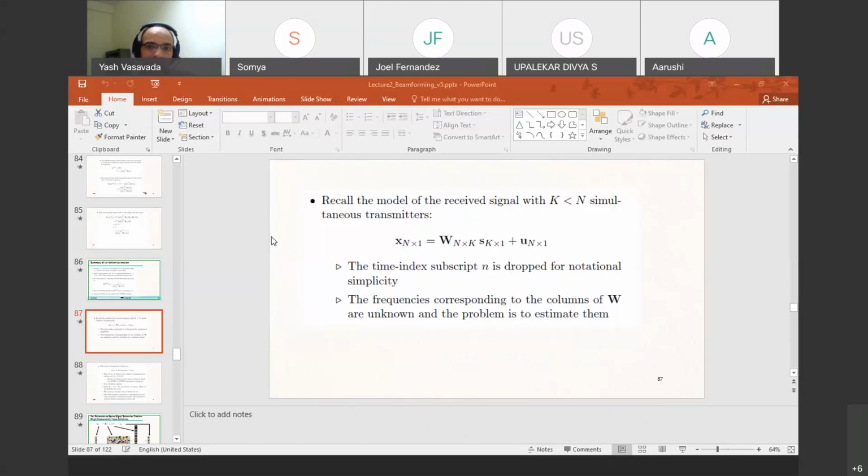And so it is at that time that it is scanning the spectrum and looking at the unoccupied portions of this wireless spectrum. And the agreement is that if it finds any portion of the spectrum which is unoccupied, it can start transmitting on that spectrum. And so a lot of the time in the literature, this problem is referred to as spectrum sensing problem. The name is different, the objective is the same. We want to determine which frequencies are present, which are active in the wireless spectrum, and which part of the spectrum is unoccupied.